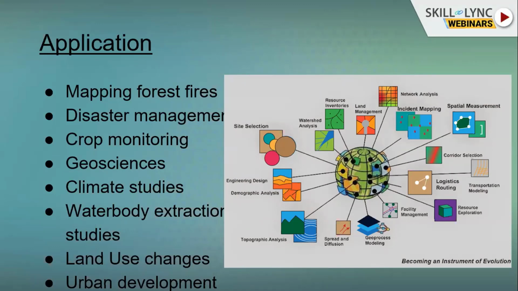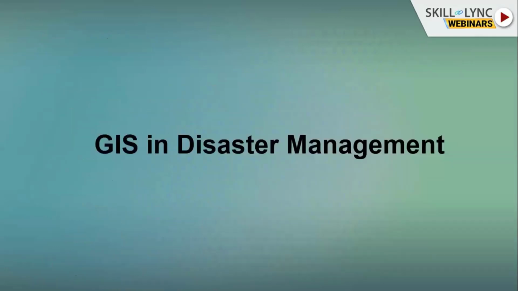For example, five years back there were no buildings, but after five years, you will see urbanization has increased. In order to monitor those urbanization changes, we have land cover change detection. Urban development also comes under the category of LULC, land use land cover changes.